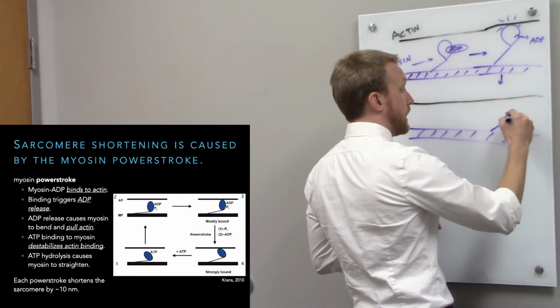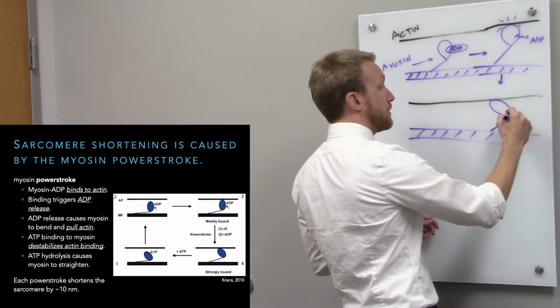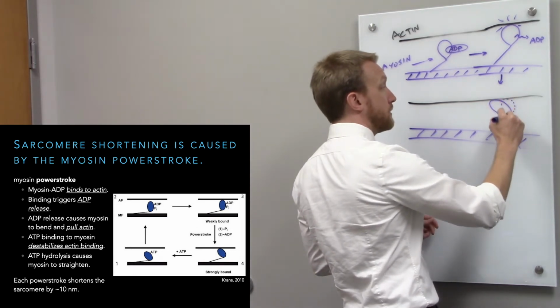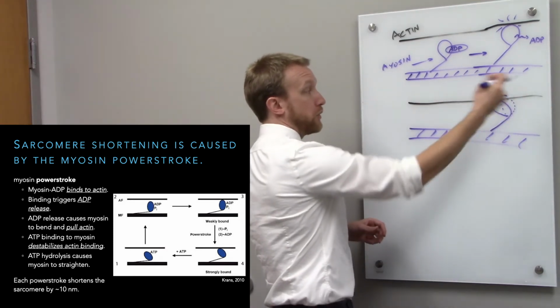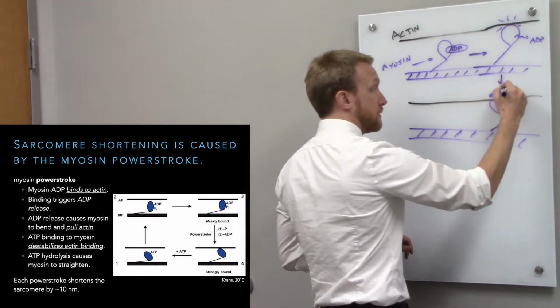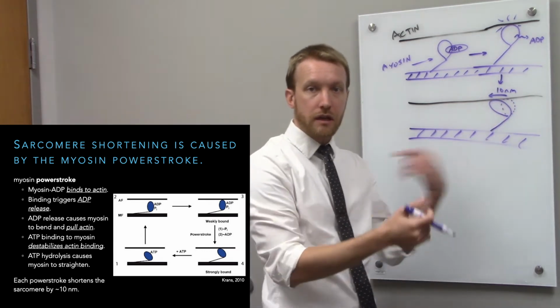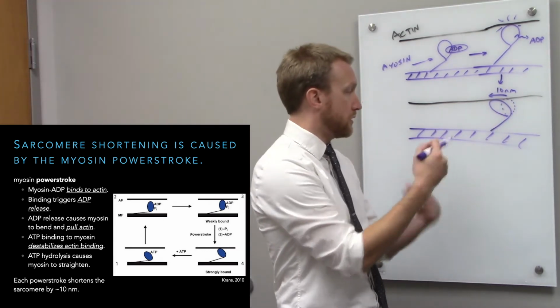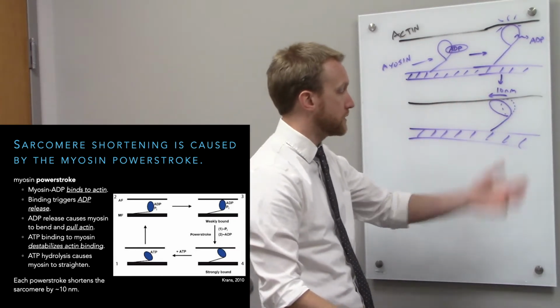When we release ADP, that causes myosin to change its shape. Right? It used to be over here, and then it kicks back. That pulls on actin about 10 nanometers, so a very small distance. So we're going to need many of these cycles to pull on our actin fibers, but it gives us very fine control over the length of the muscle.